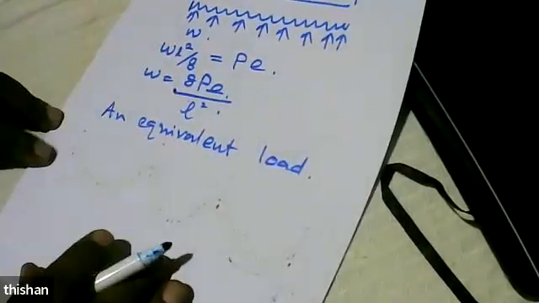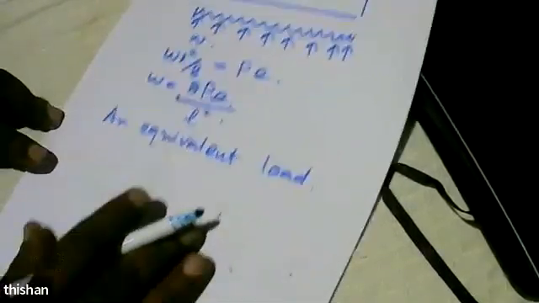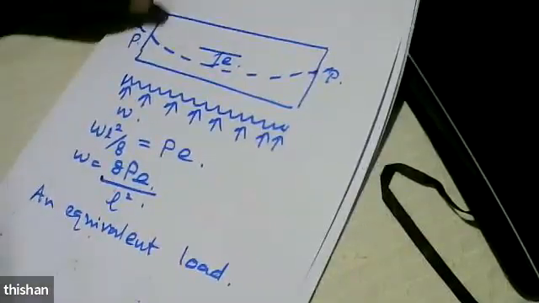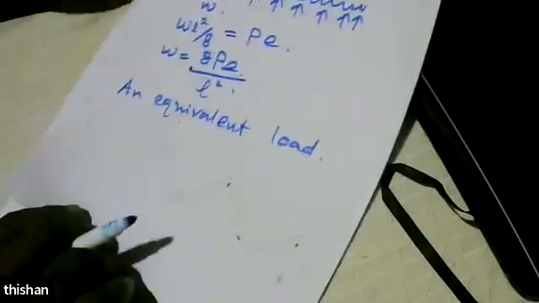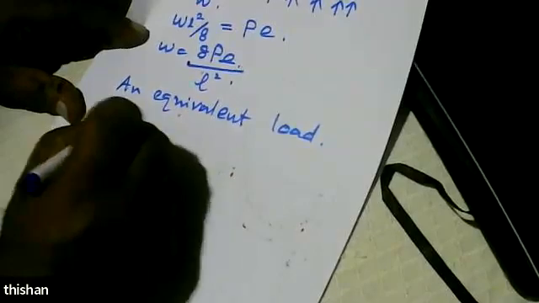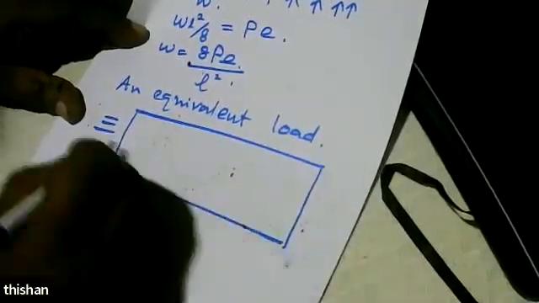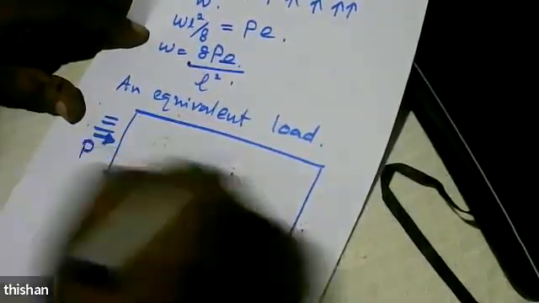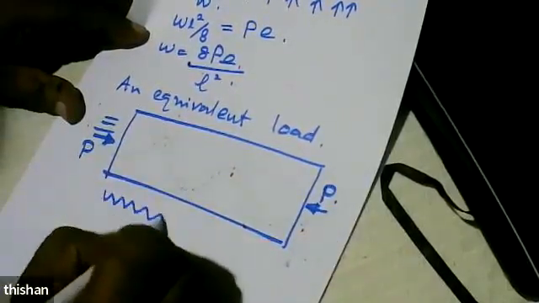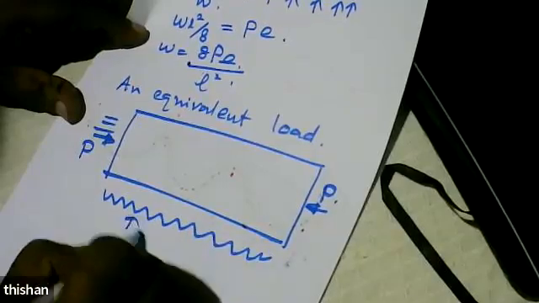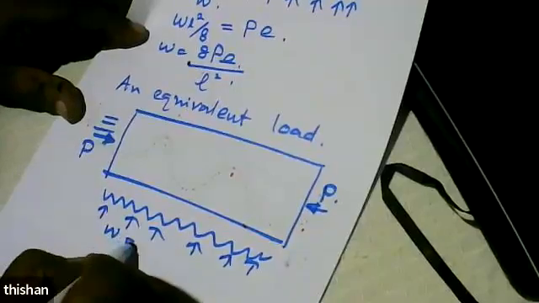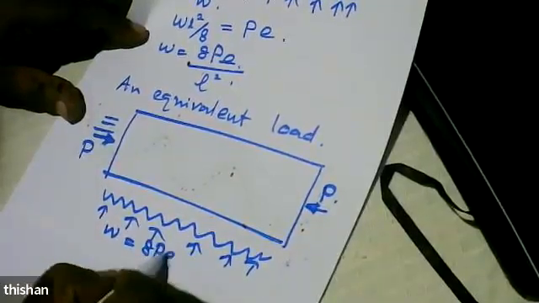So what we say is, a pre-stress can be represented like this. This is the actual pre-stress that we have applied with a parabolic profile, and it is equivalent to this situation: a pre-stress force P at the center plus a UDL acting upwards equal to W, where W is given by 8PE over S squared.